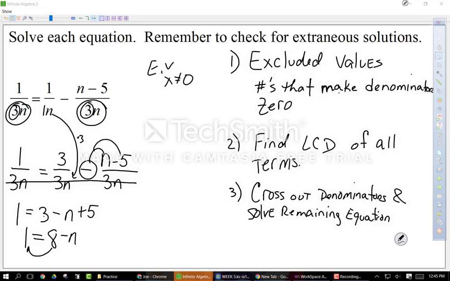Bring the 8 over. I get negative n equals negative 7. And flip: n equals positive 7. Since that solution does not match an excluded value, we know this is our answer. I don't have to cross any of them out. That is our answer, n equals 7.